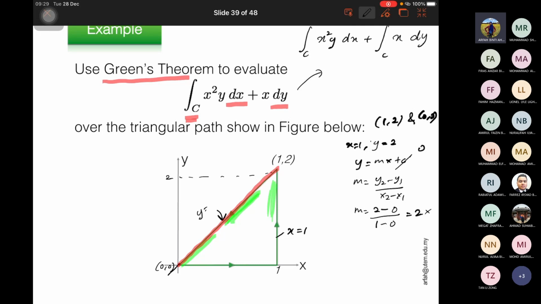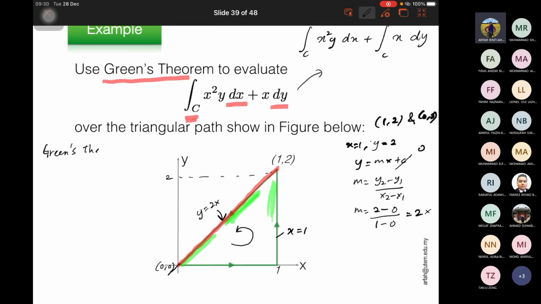So equation this one is y sama dengan 2x. And kalau tengok dia punya rotation is this one. Okay. Daripada situ ke situ. Okay. Positive because this one is anti-clockwise.